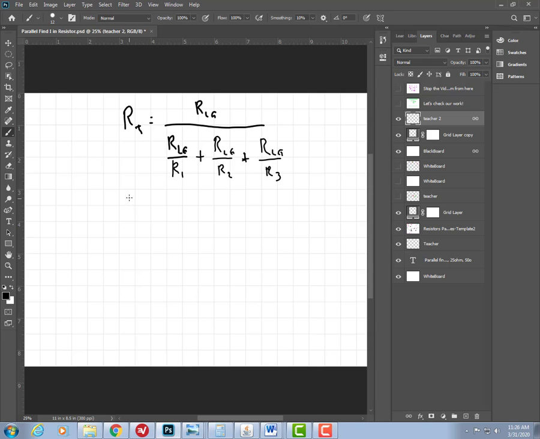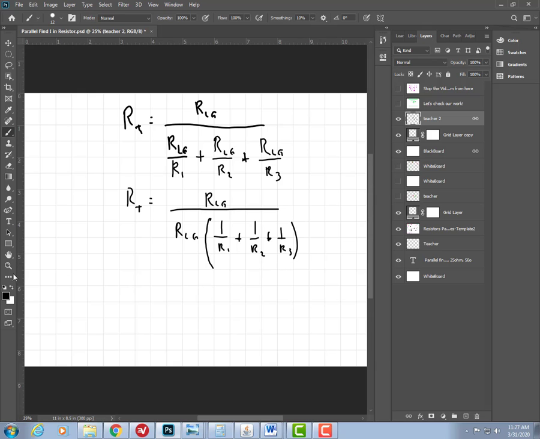So we have R total is equal to R large divided by, we're going to extract R large, times 1 over R1 plus 1 over R2 plus 1 over R3.